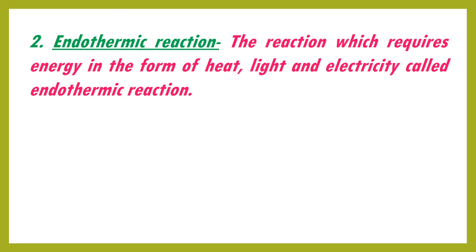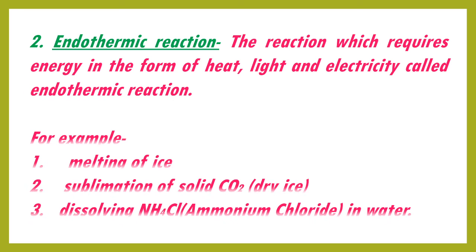Next is endothermic reaction. A reaction which requires energy in the form of heat, light, or electricity is called endothermic reaction. For example, melting of ice, sublimation of solid CO2 or dry ice, dissolving of NH4Cl in water.